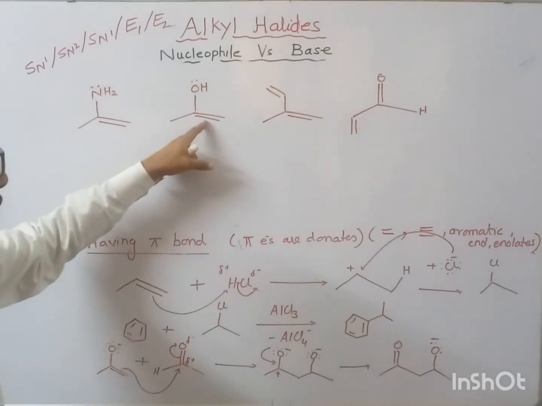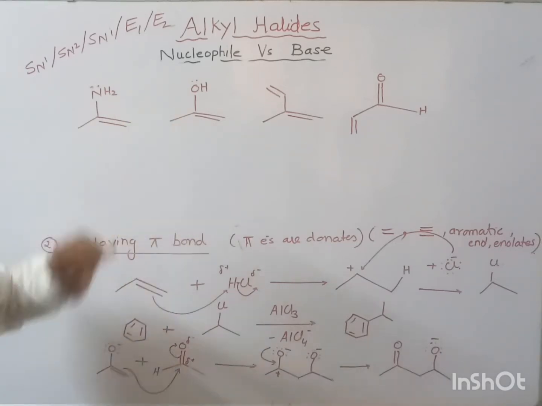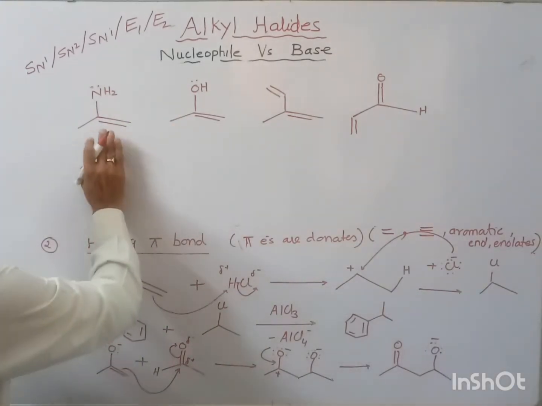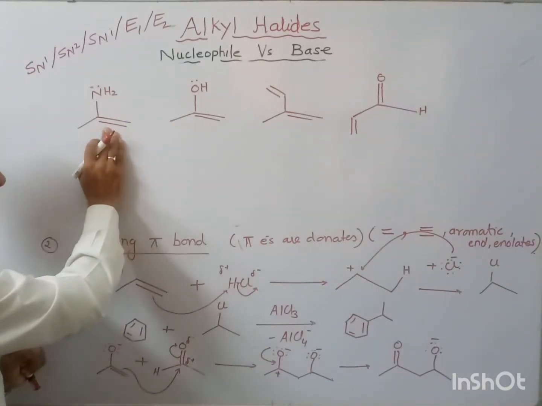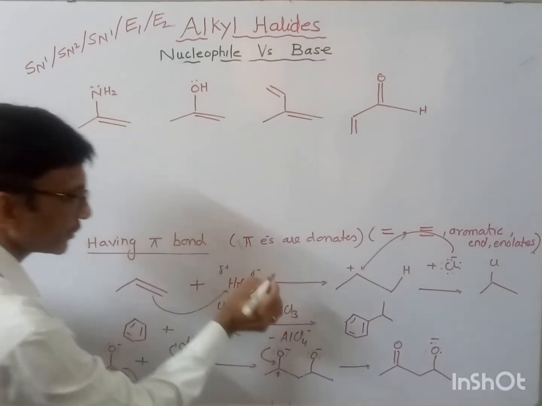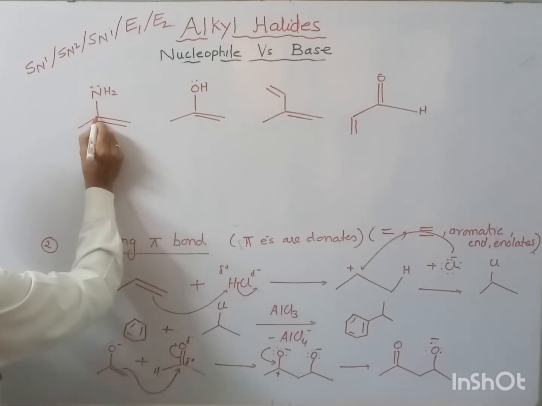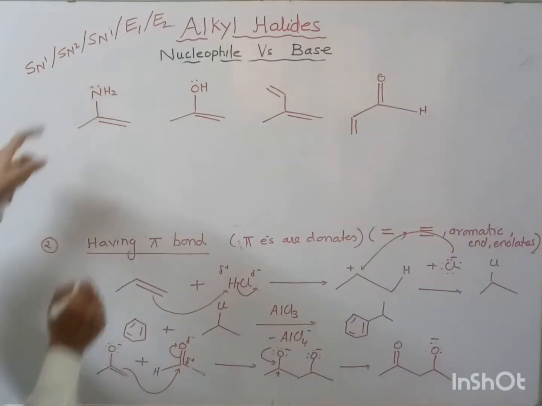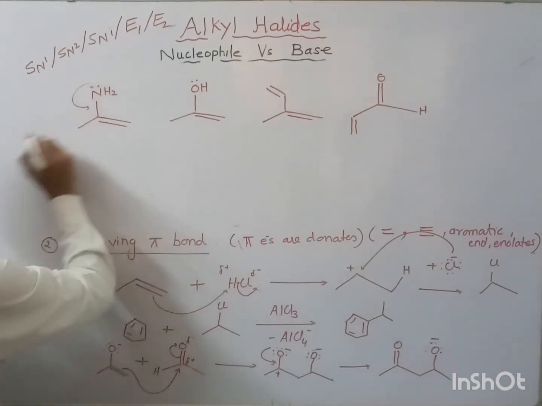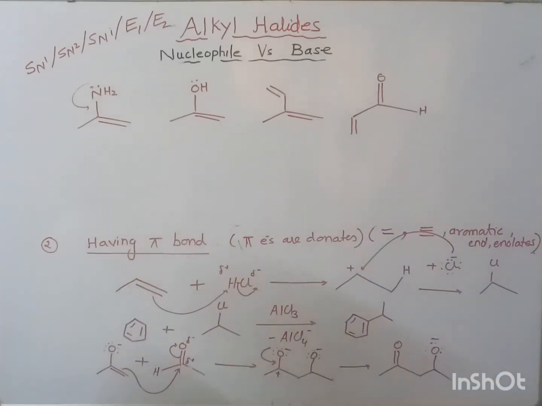When this acts as a nucleophilic center, positive charge will be generated over this carbon, and this positive charge will be neutralized by the lone pair electrons, by delocalization of this lone pair.